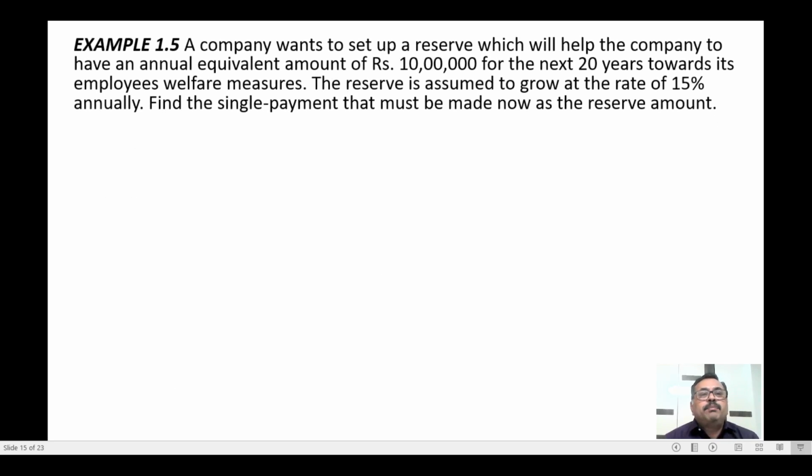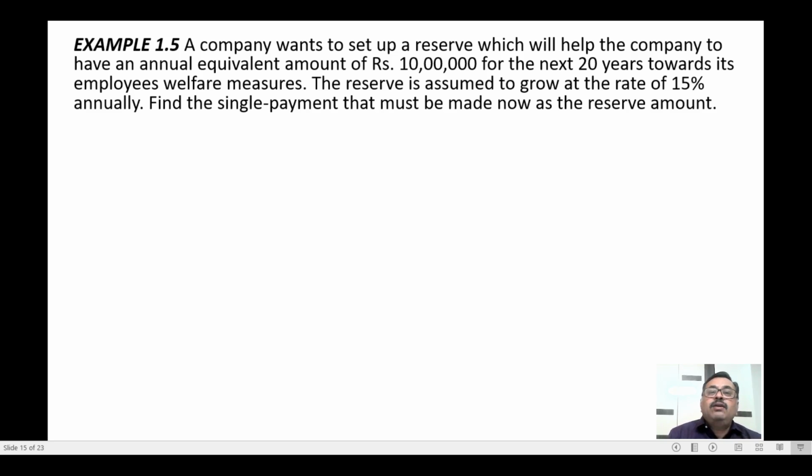Let us take an example. A company wants to set up a reserve which will help the company to have an equal amount of 10 lakh rupees for the next 20 years towards its employees welfare measure.